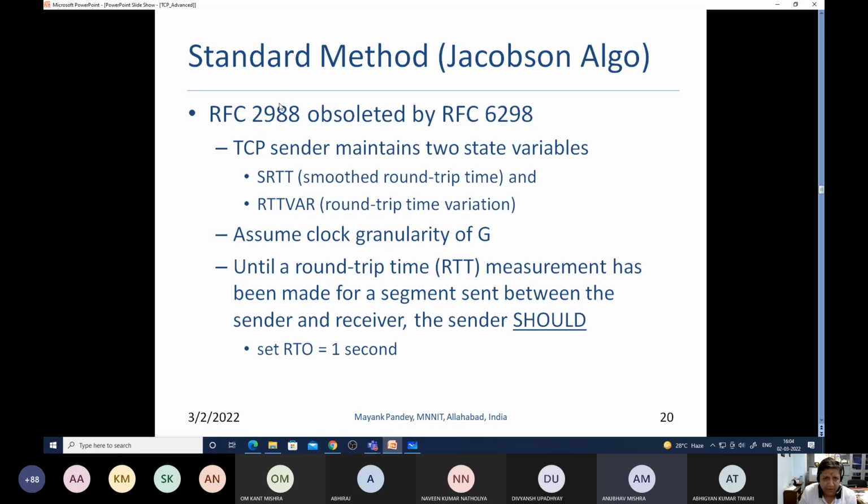So after 0793, 2988 came, and then it was superseded by RFC 6298. In this, the TCP sender maintains two state variables, SRTT, as we have seen, and RTT variance, round trip time variation. And then there is an interesting thing which is known as clock granularity.